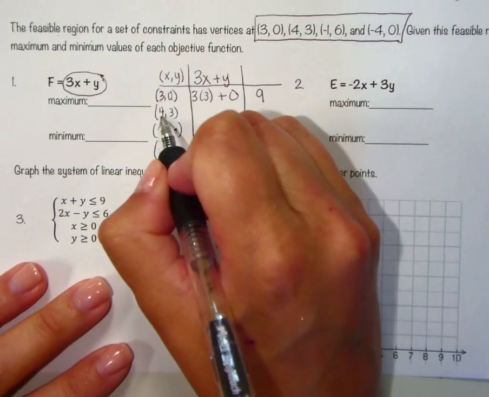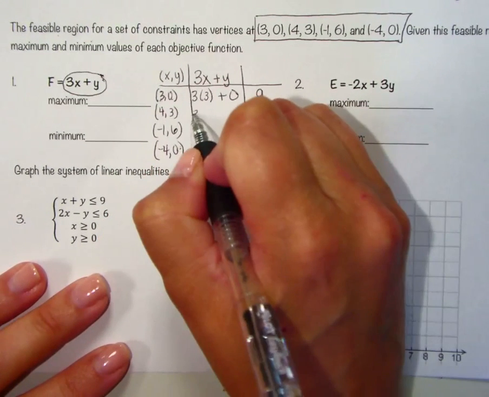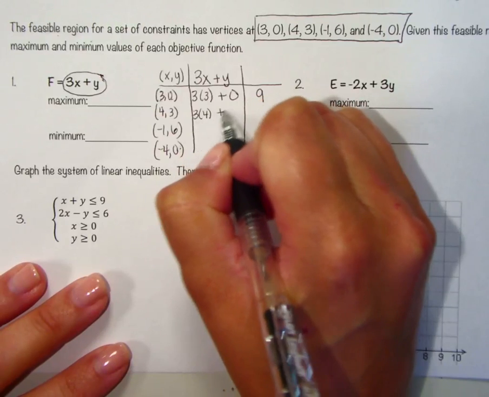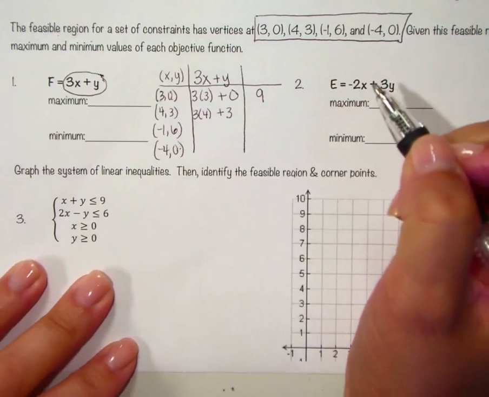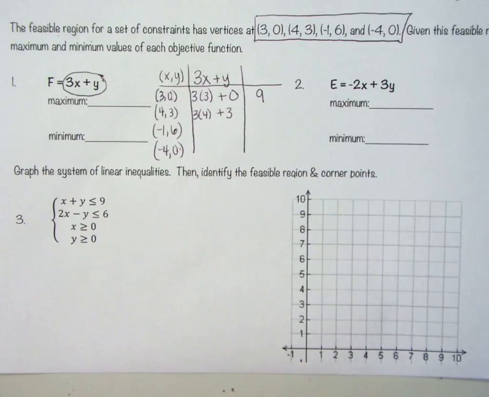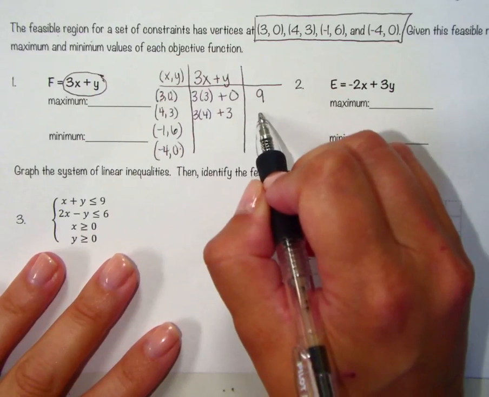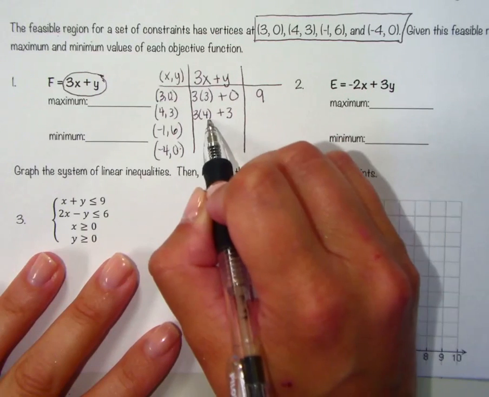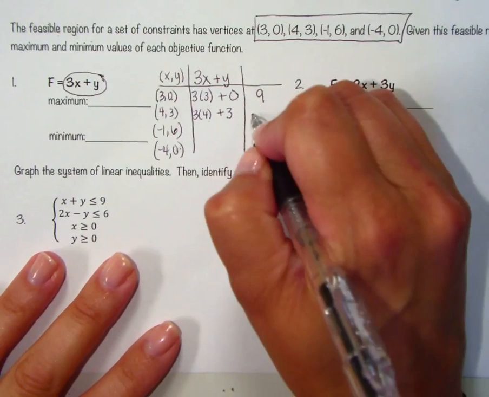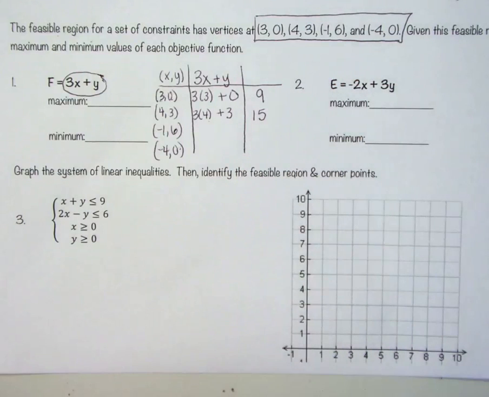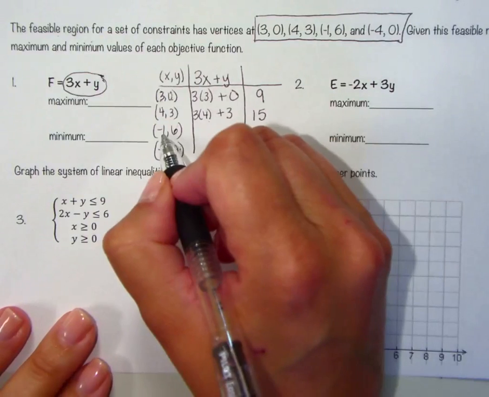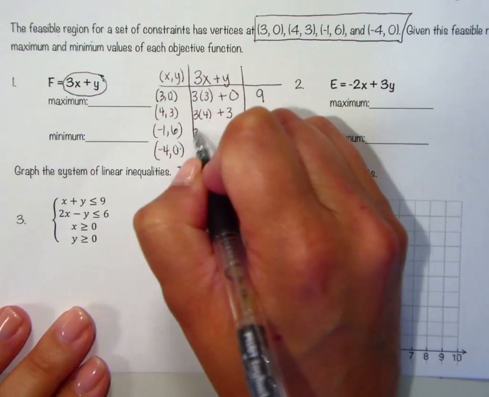Next one, now x is 4, y is 3. Again, we're showing that substitution in the middle, and then we are going to simplify. So we have 12 plus 3, which is 15. And then just continuing on, the next one, x is -1, y is 6.